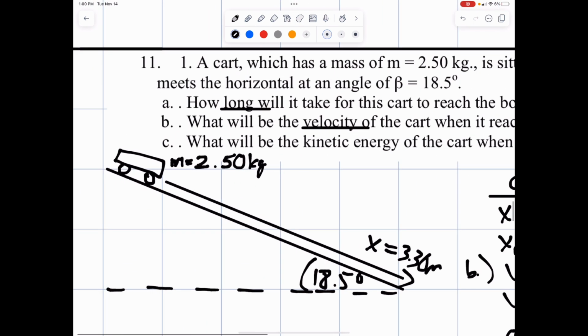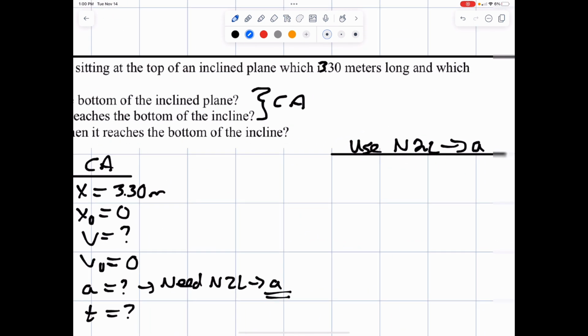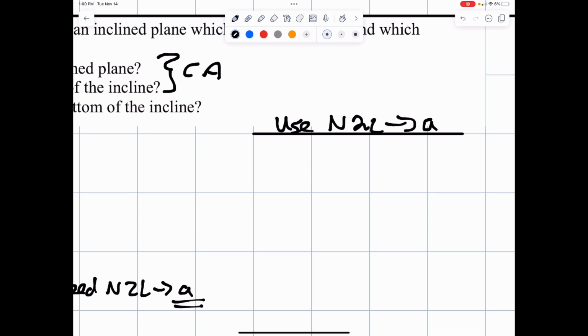Okay, what are the forces acting on the cart? So we've got mg going down, and mg sine theta going downhill. Doesn't appear that there's any friction here, so causing force minus opposing force equals ma.